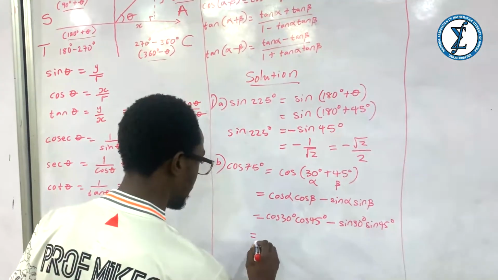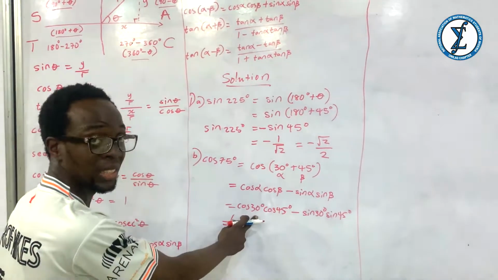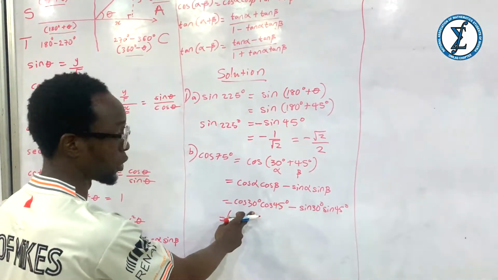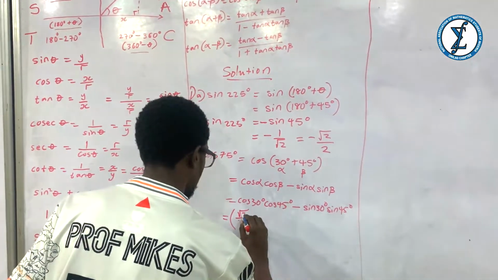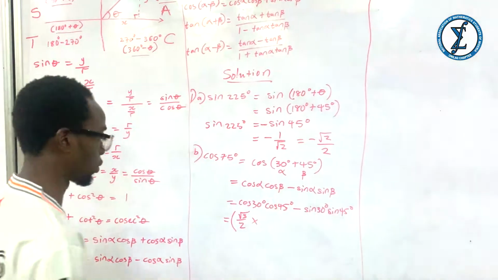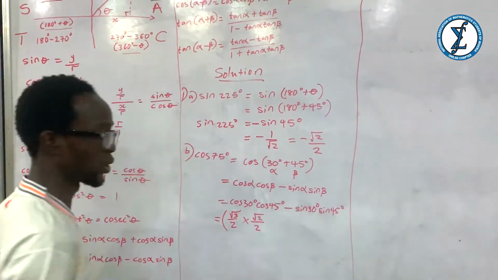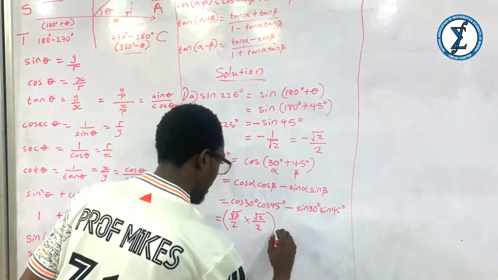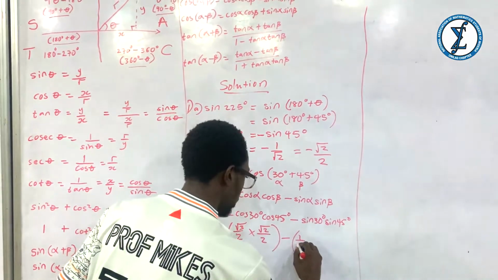And so we evaluate this very quickly and work with brackets. Cos 30 degrees will give us what? Root 3 over 2. And then what's our cos 45 degrees? Our cos 45 degrees, we rationalize that, is root 2 over 2. Then minus, then our sine 30 degrees, that's 1 over 2.